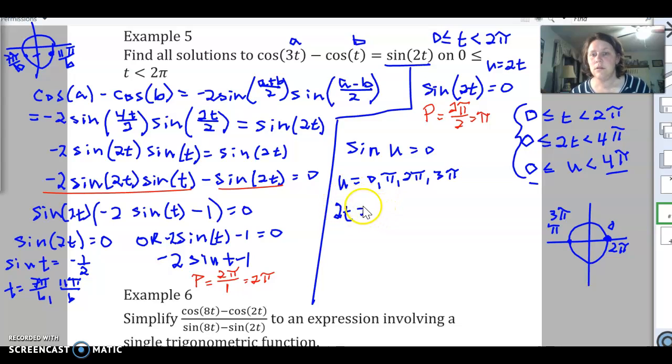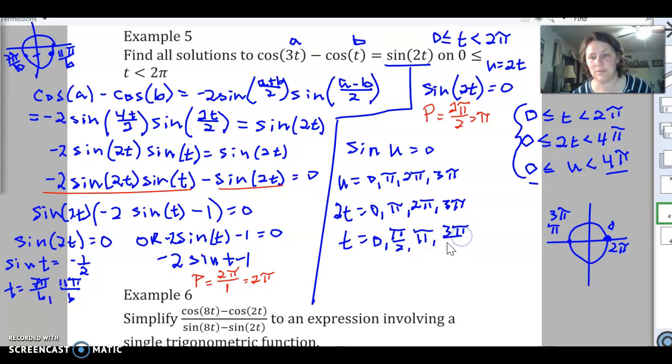So let's go back to t. u equals 2t. So now let's go through and solve for t. I'm actually getting a little bit better at writing with this pen. Okay, so we have t equals 0, pi over 2, pi, and 3 pi over 2.